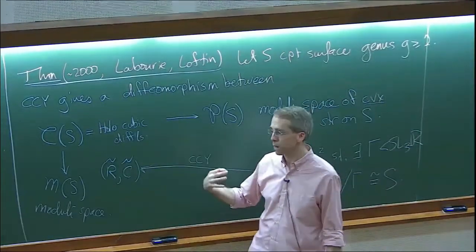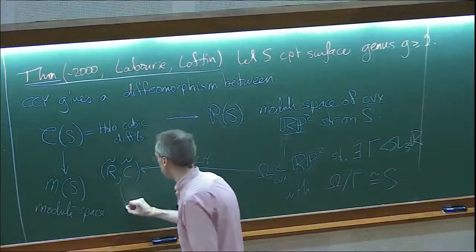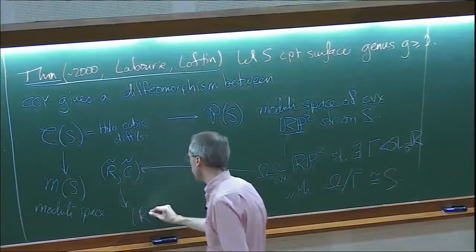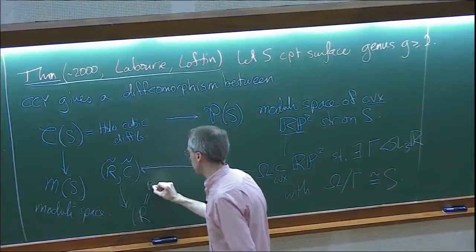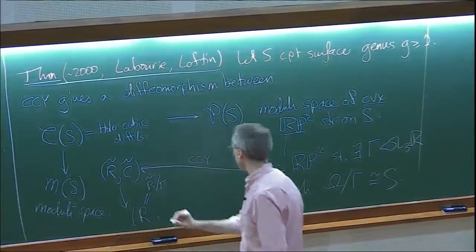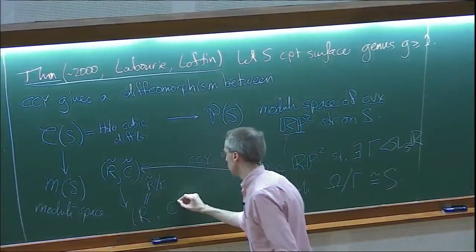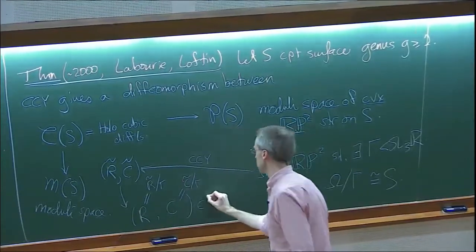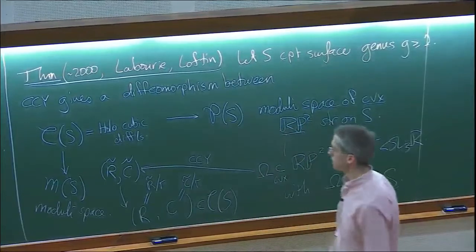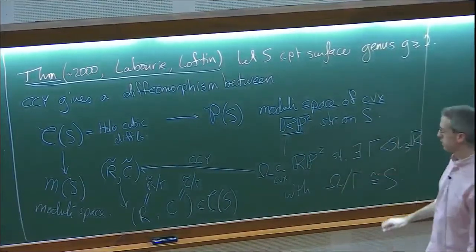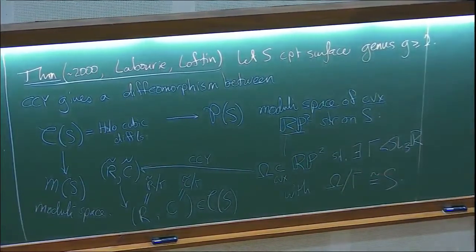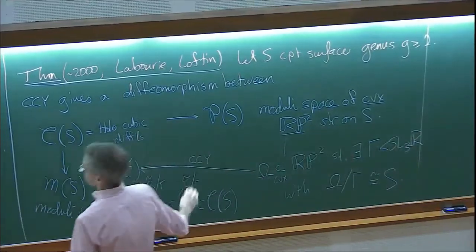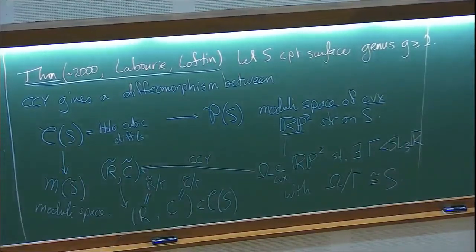But now it's an action by biholomorphic maps. You can consider the quotient objects R, which will be R tilde mod gamma, and C, which will be C tilde mod gamma. And that will be a point in C of S. It's a pair of a Riemann surface and a holomorphic cubic differential. Okay, so in both cases, I've stated the theorem as the existence of a map inverse to this affine sphere construction.